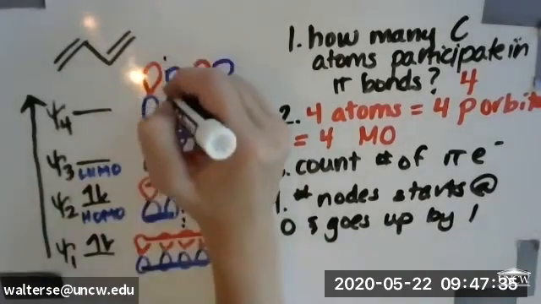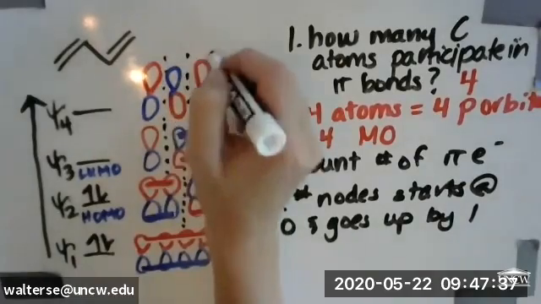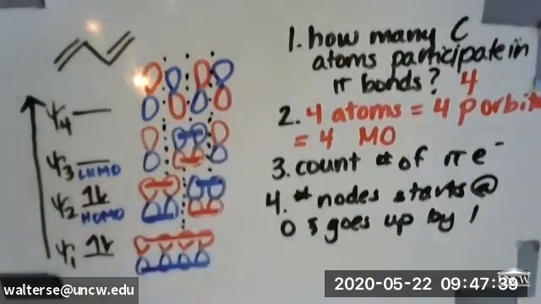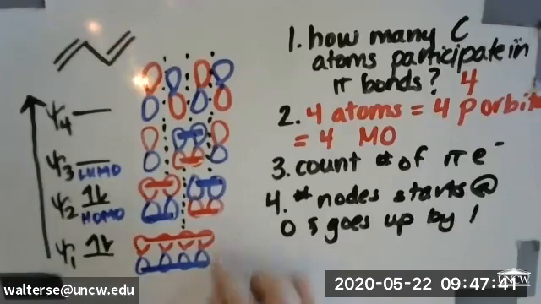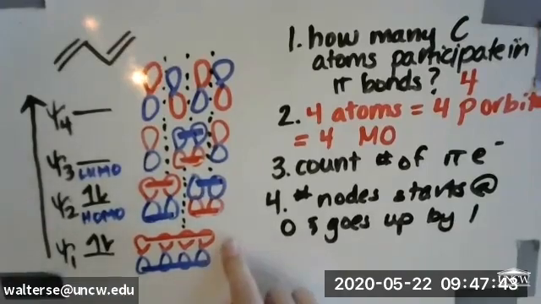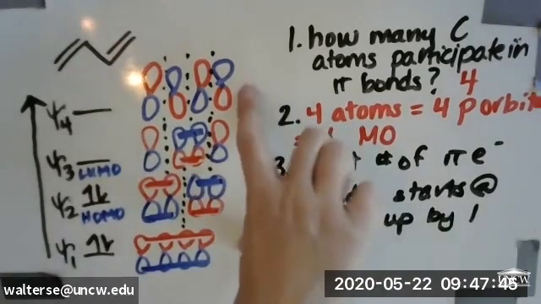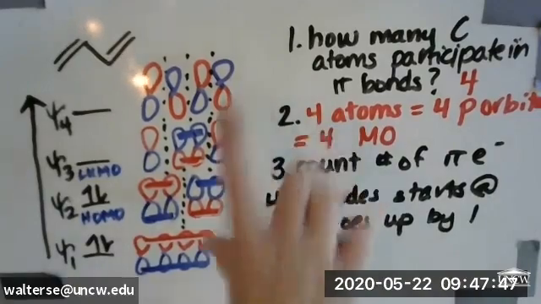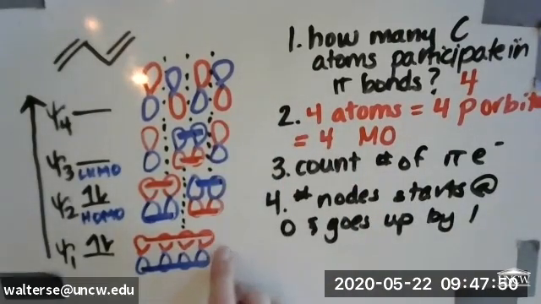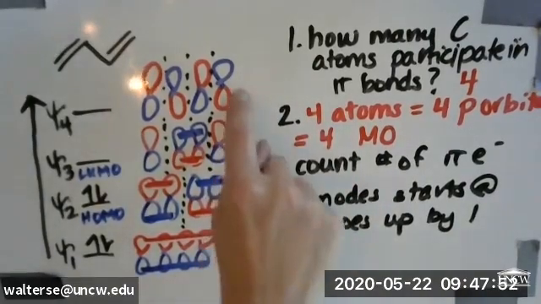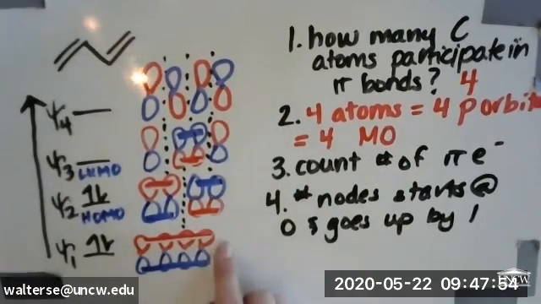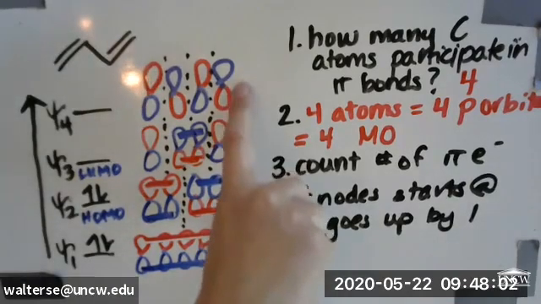So if you saw a picture that looked like this, and then you saw a picture that looked like this, and you were asked which is the lower energy orbital, A or B, you would say A, because this orbital combination has fewer nodes than this combination.